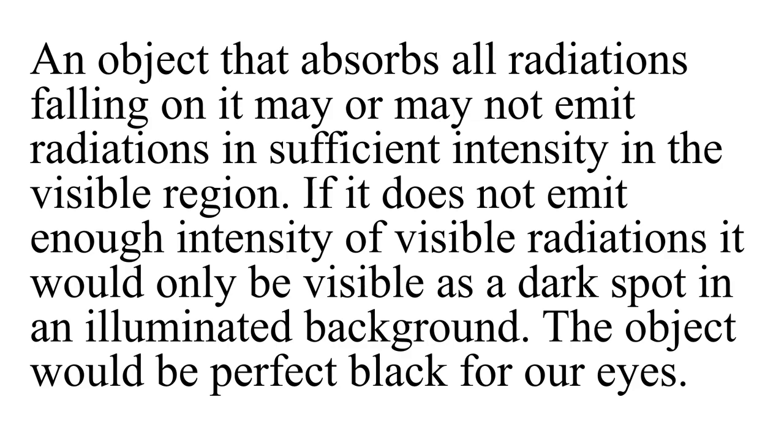If it does not emit enough intensity of visible radiations, it would only be visible as a dark spot in an illuminated background. The object would be perfect black for our eyes.